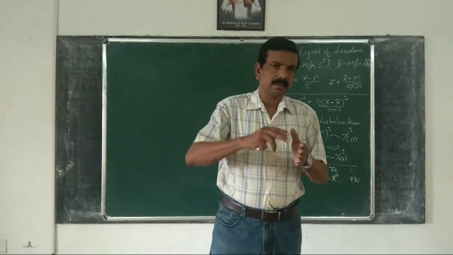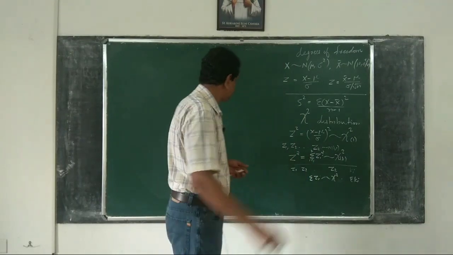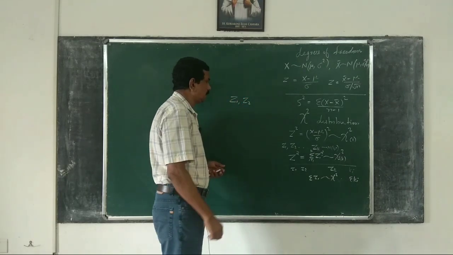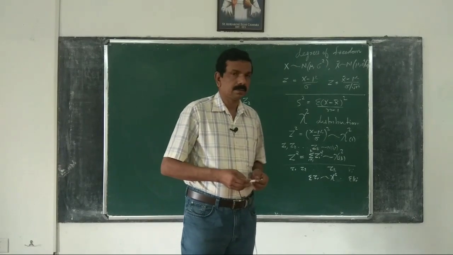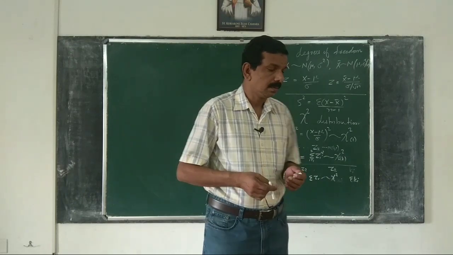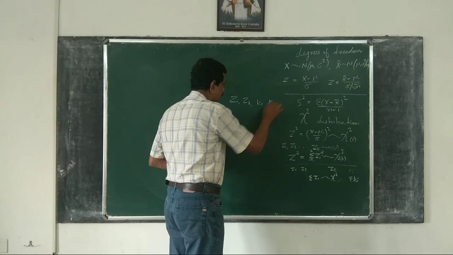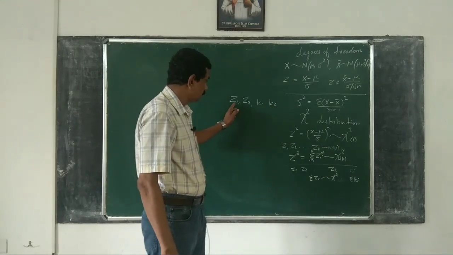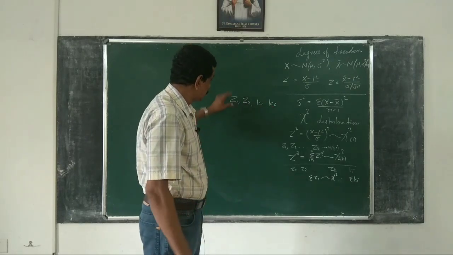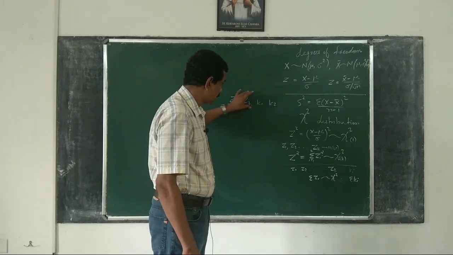Or let us consider it simply as, if Z1 and Z2 are independently distributed chi-square variables with k1 and k2 degrees of freedom, it means there are k1 random variables in Z1 and k2 random variables in Z2.